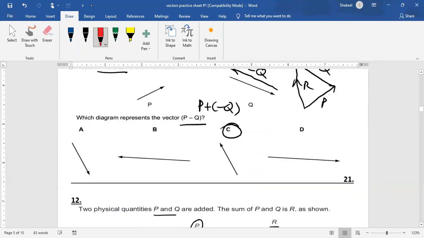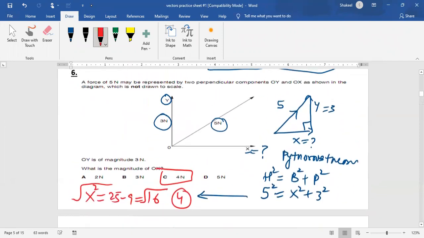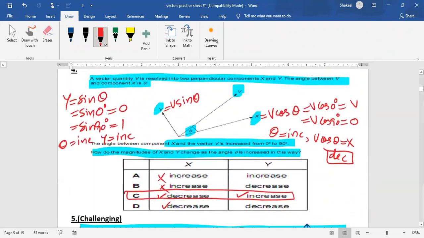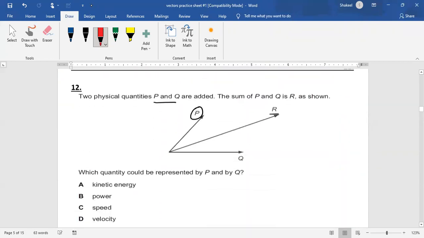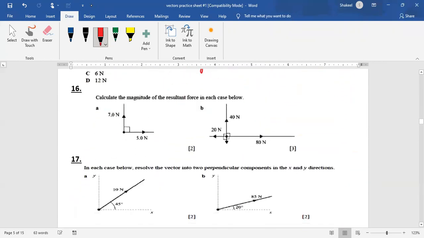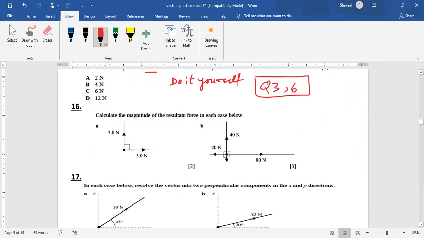This question is exactly similar to question number 6 and question number 3. I hope you're done and you have got the right answer.